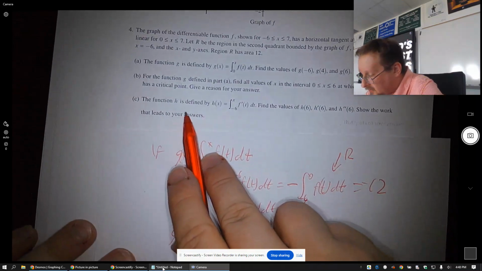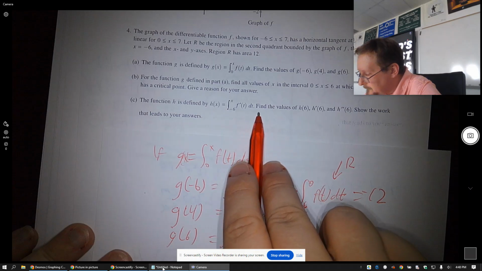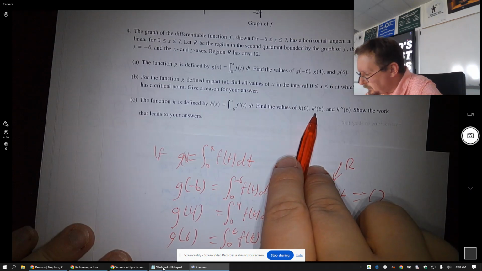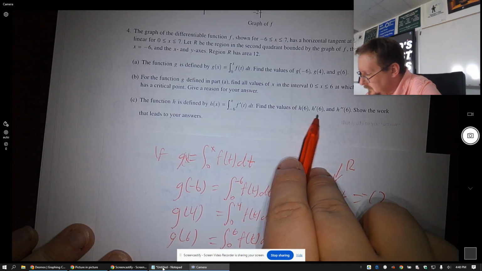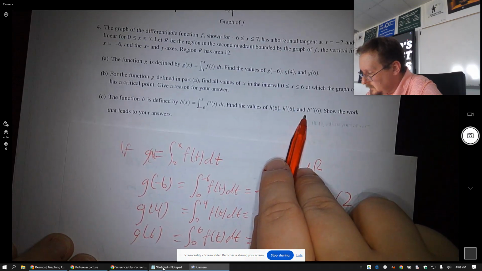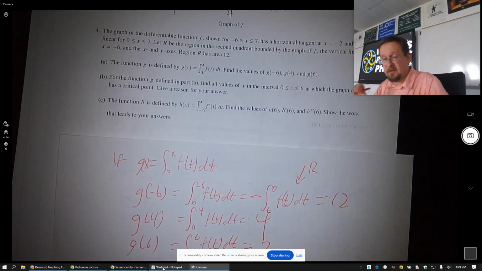Okay, the function h is defined by this. Find the values of h at 6, h prime at 6, and h double prime at 6. All right, this is really hard for me.